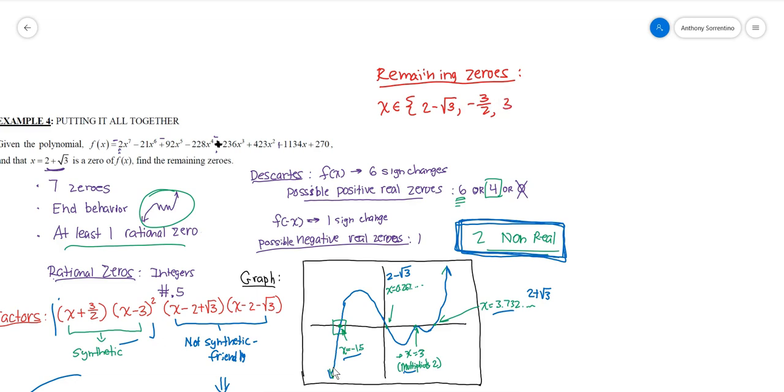I don't have to list it twice, but I might want to indicate it has a multiplicity of 2. I have 1 plus 3i, and I have 1 minus 3i.